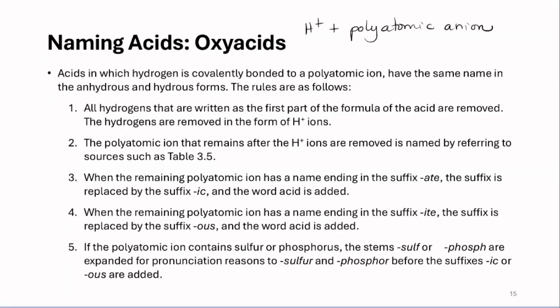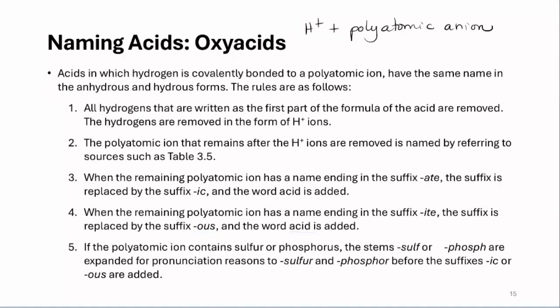What we need to pay attention to is the ending of the name of the polyatomic anion. So if the polyatomic anion ends in ATE, that suffix is removed and replaced by ic, and then the word acid is added. On the other hand, if the polyatomic ion ends in ITE, then the ITE is removed and replaced by ous, and then you write the word acid.